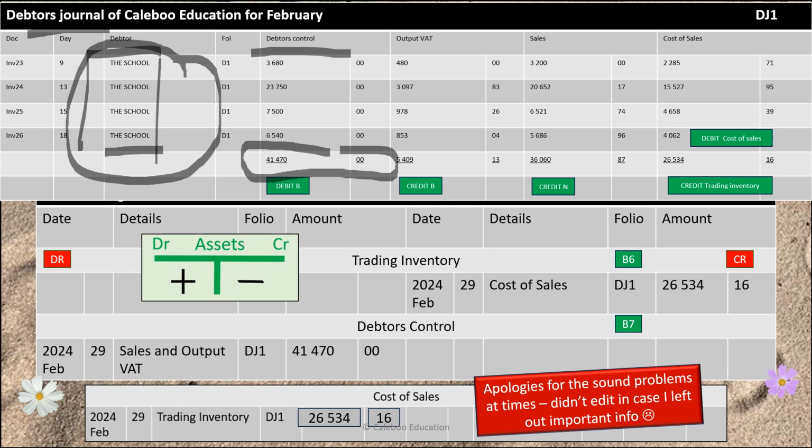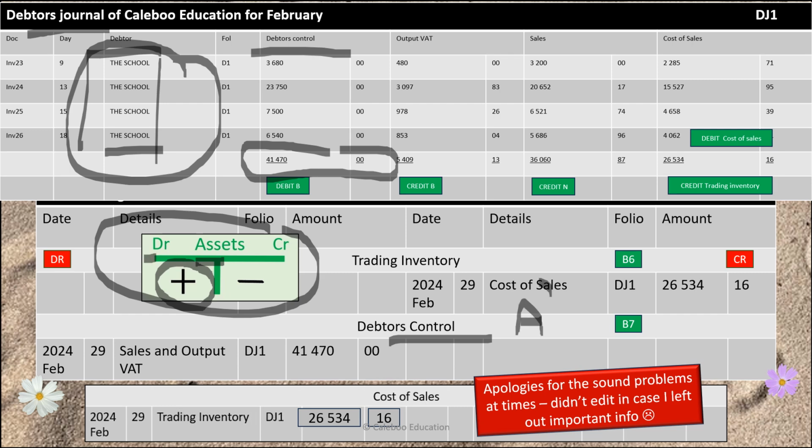We classify the debtors control account. From a previous lesson you learned a debtor is an asset. When we make a credit sale, the debtor owes us more. An increase in assets, the rule says debit. Debtors control is an asset.